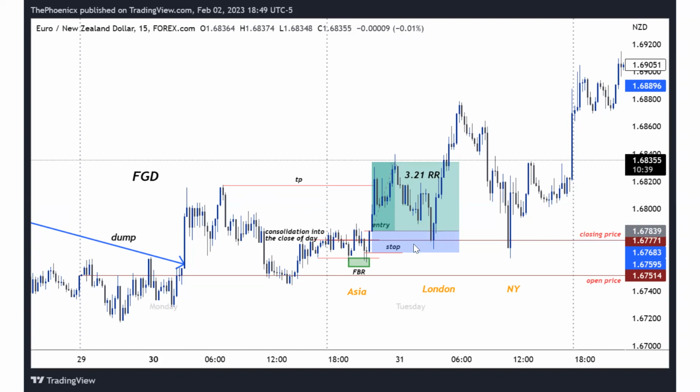And yeah, the entry was clear. There was a pin bar engulfment here, but we would have waited for that retest, and the retest would have given us our entry, and this would have been at least a 3.21 risk reward ratio trade, going back to at least this high. We would have gotten a decent trade there.